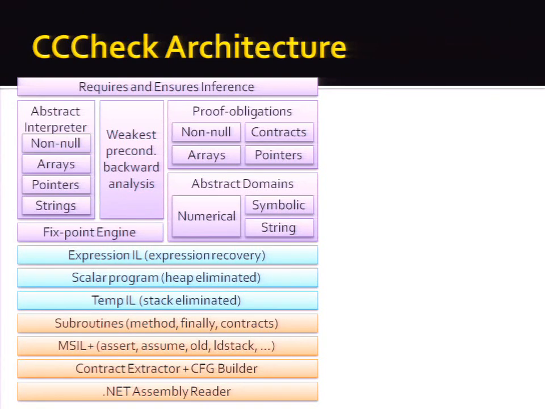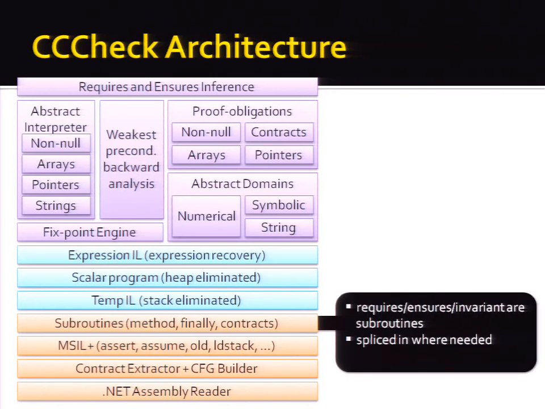A couple of words on the static checker. It's built on CCI, which is an infrastructure that you heard about yesterday from Herman Venter. We start with just reading the assembly, and then we build higher and higher levels of abstraction. For example, at this level we make all the contracts into asserts and assumes. An assert is something we have to prove. An assume is something we get to assume, right? And there are some extra tricky things for referring to old and manipulating the evaluation stack and so on.